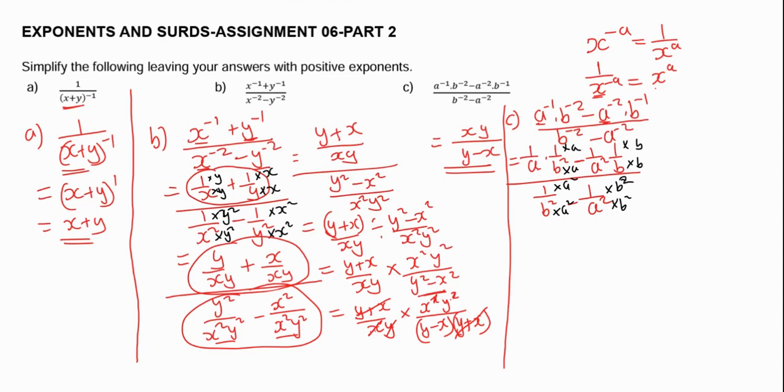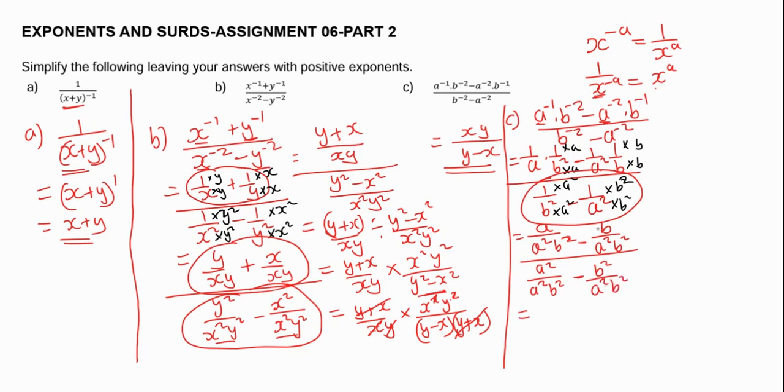Okay, then what we have, we're going to have a over a squared b squared minus b over a squared b squared. Write all this over. Now doing this part, so it's a squared over a squared b squared minus b squared over a squared b squared, right?